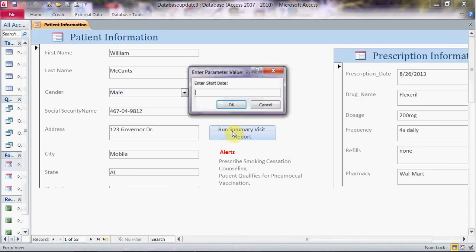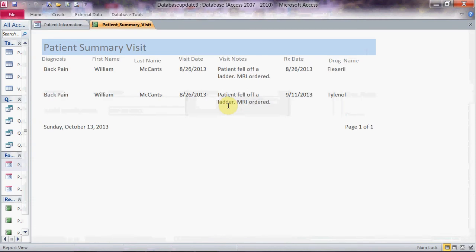There we go. We showed that Mr. McCants came in on August the 26th, and he complained that he had fallen off of a ladder. An MRI was ordered, and he also received Tylenol on that day.